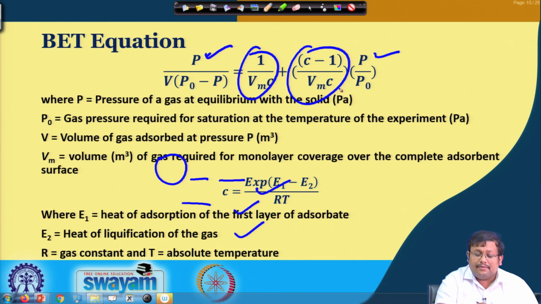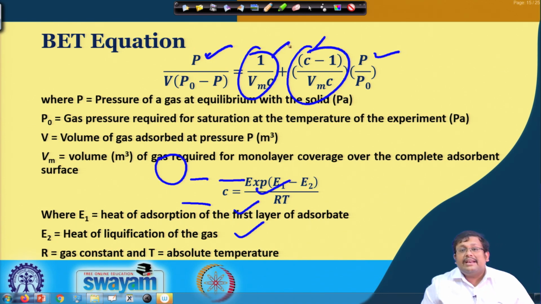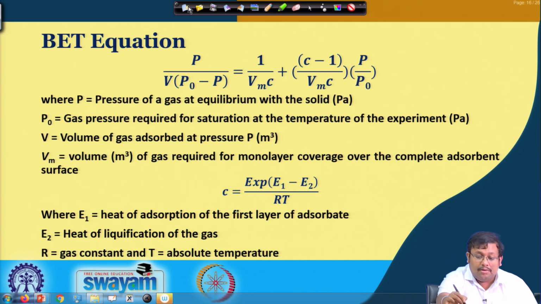So, while drawing a graph, we can calculate these two terms, and from there we can calculate the Vm.